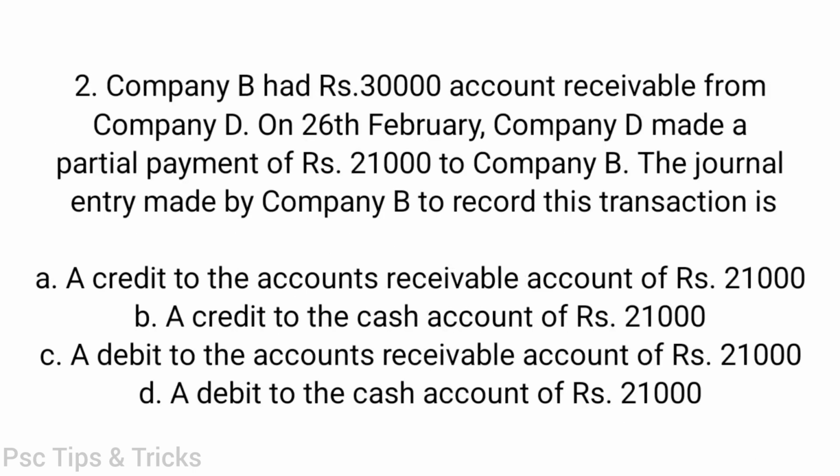Company B had rupees 30,000 account receivable from Company D. On 26 February, Company D made a partial payment of rupees 21,000 to Company B. The journal entry made by Company B to record this transaction is, options: a credit to accounts receivable account of rupees 21,000; a credit to the cash account of rupees 21,000; a debit to the account receivable account of rupees 21,000; a debit to the cash account of rupees 21,000.